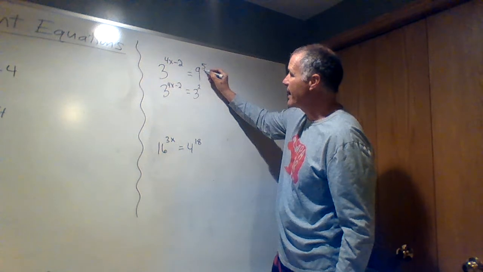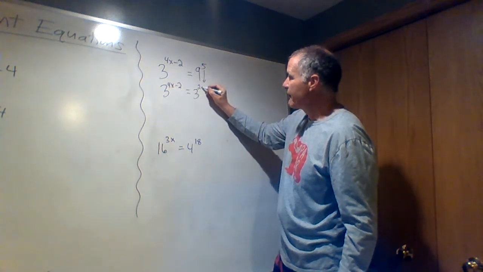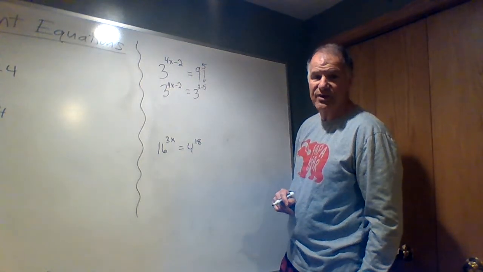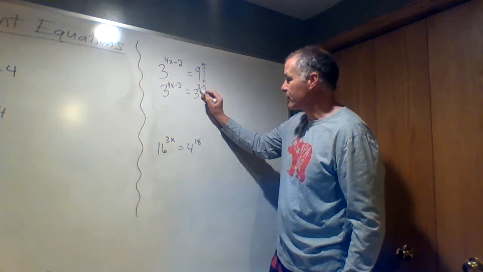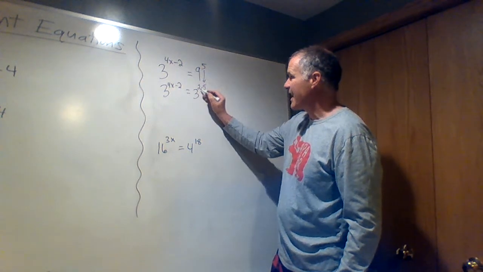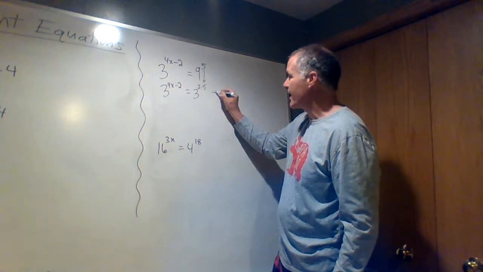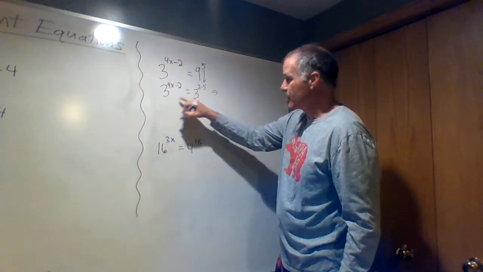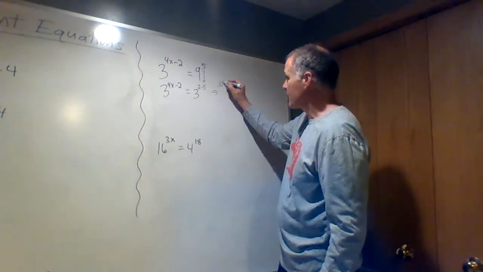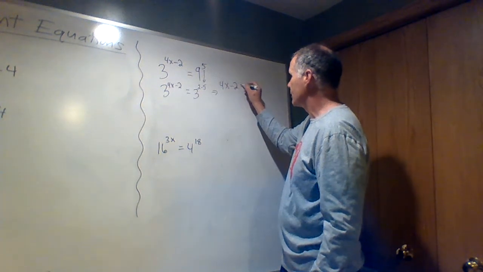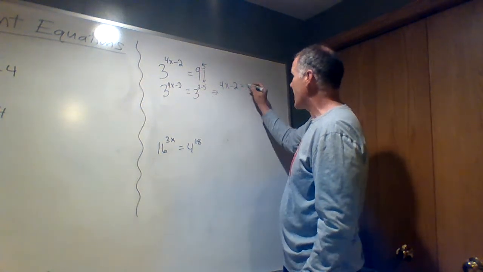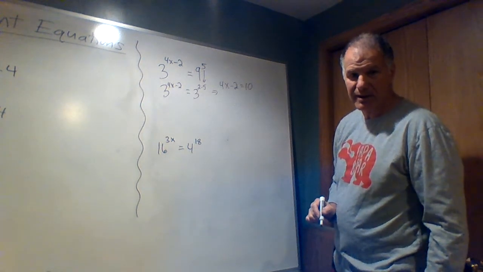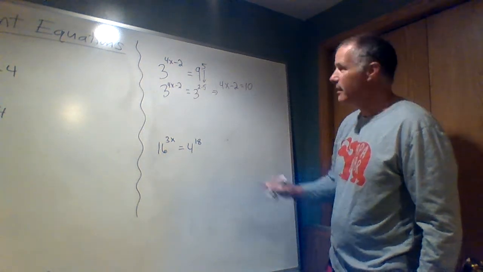Now I still have this 5 here. That 5 has to come down with that exponent 2 that I created. So 3 squared makes 9. The 2 and the 5 are going to go together. Now I'm going to move sideways here. Now that I have a base of 3 and another base of 3, I can set those equal. So 4x minus 2. 2 times 5 makes 10, and there's my equation. Is that making sense?